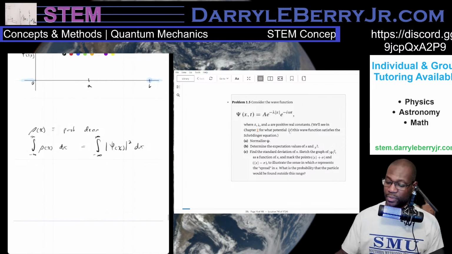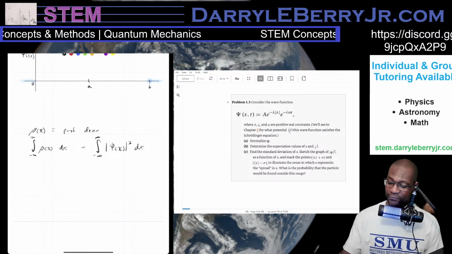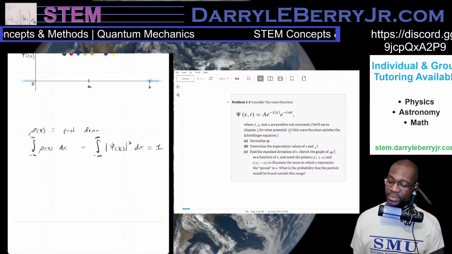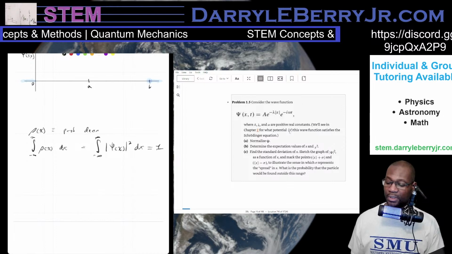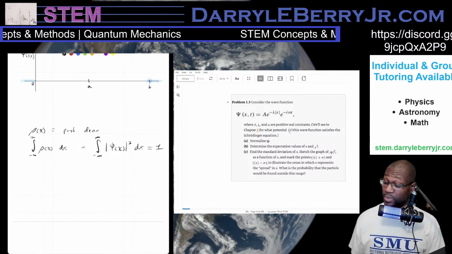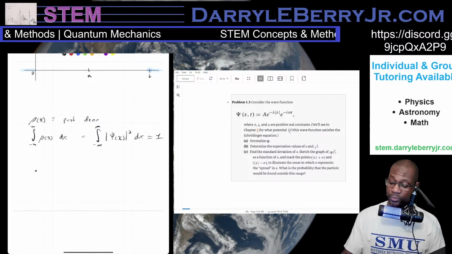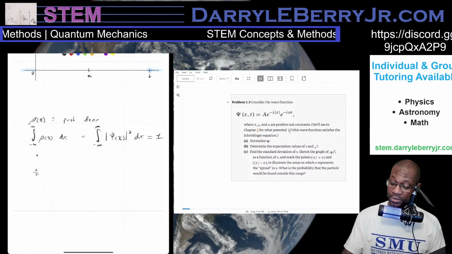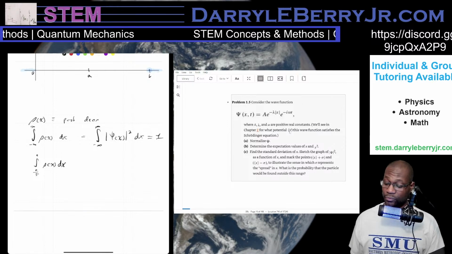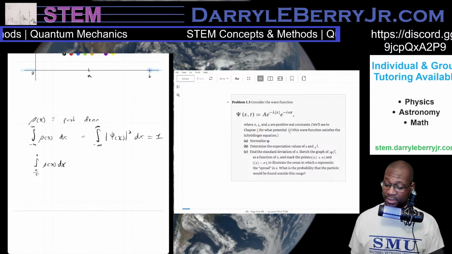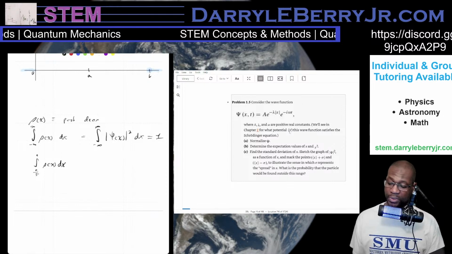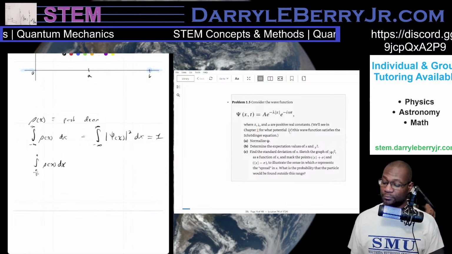If psi squared includes an a, just remember that from negative infinity to infinity, the probability density will always give us a value of 1, because the particle will be located somewhere. And if you wanted the probability of the particle being between a over 5 and a, we just integrate the probability density over that range.